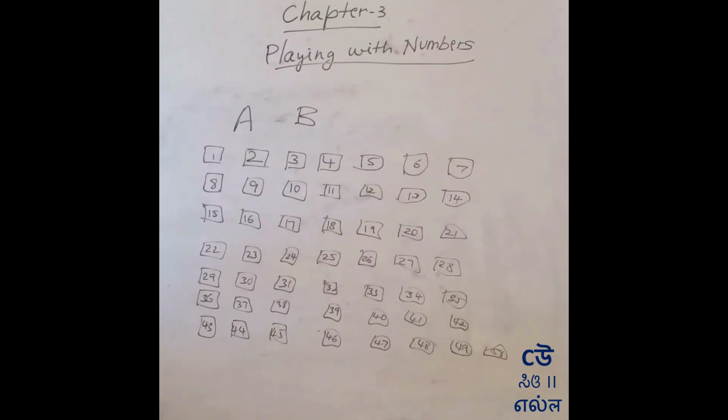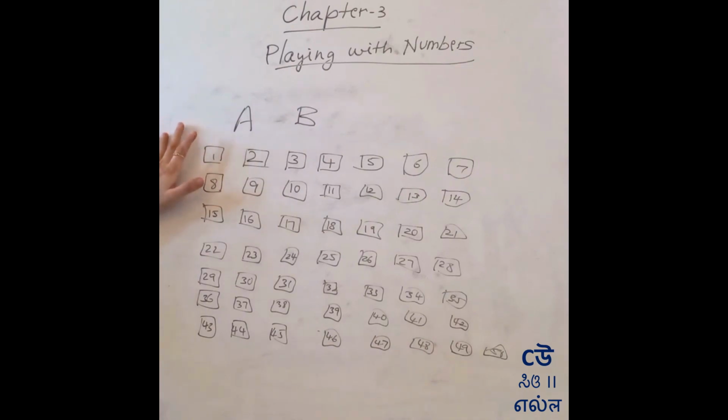Suppose the card has the number 28 on it. Player B then picks up all those cards having numbers which are factors of the number on A's card. How will they play?